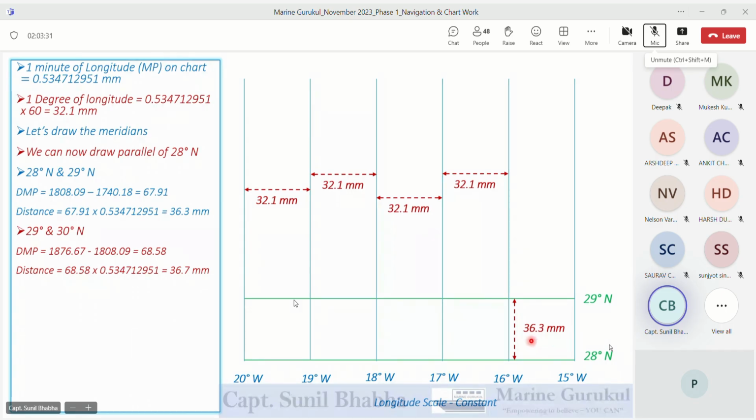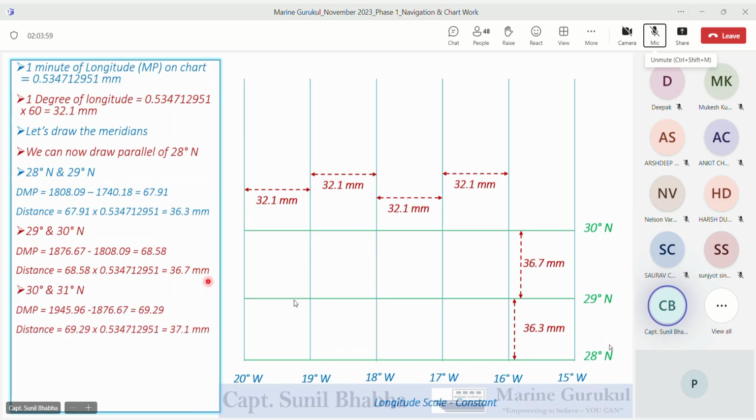Though the increase is very marginal as far as our resolution is concerned, but still this calculation needs to be shown in the question. The examiner is specifically looking for this distance which you are calculating. So keeping this distance of 36.7 millimeters now, you can mark off a parallel of 30 degrees north.